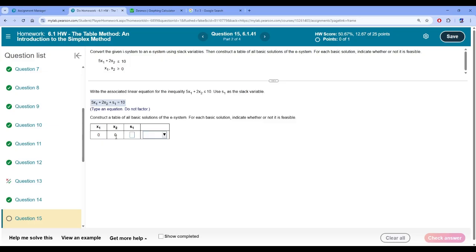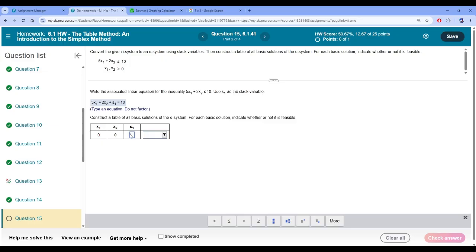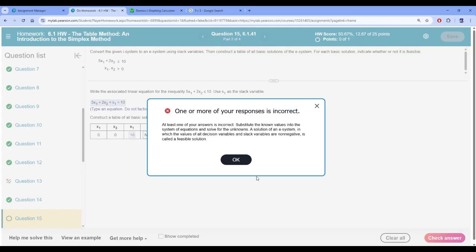0, 0, 10. 0, 0, not feasible, right? Because it's not feasible if there are negatives.